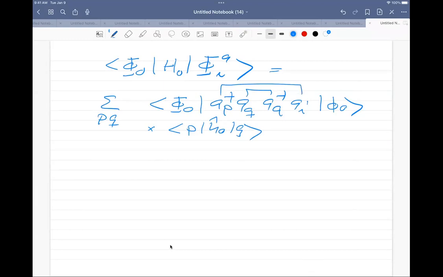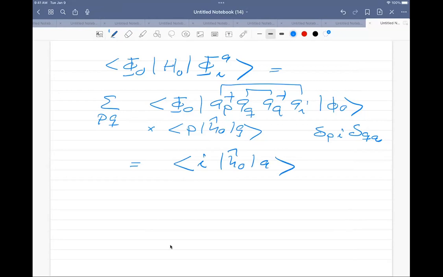And then we can have this one, so that this would give us a delta P of I and a delta Q of A. So that means that we are going to get a contribution given by the integral P of H0 of Q. Now, sorry, not that one. I have to put in the letters here. So what I would get then would be P being given by I and H0 of A.